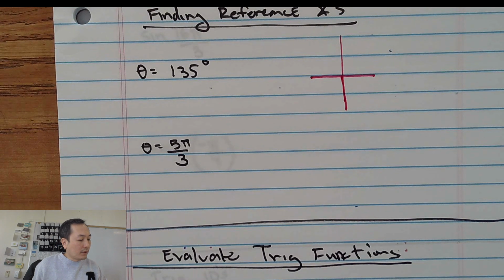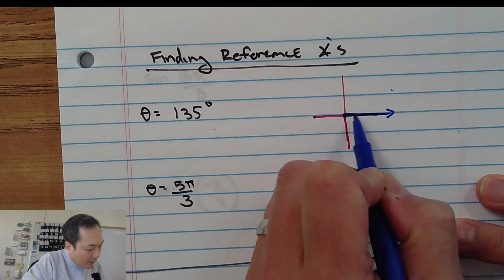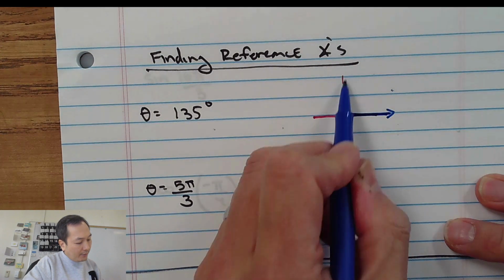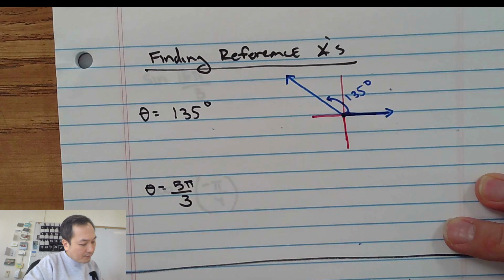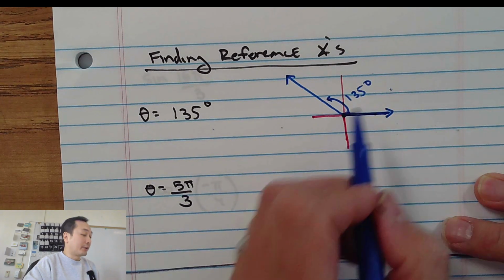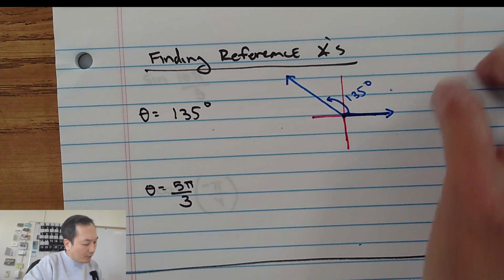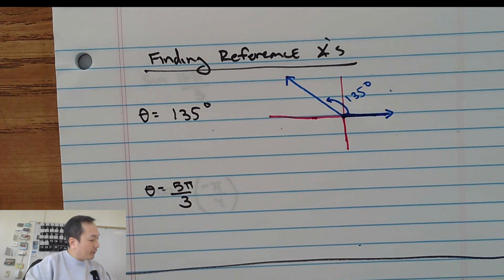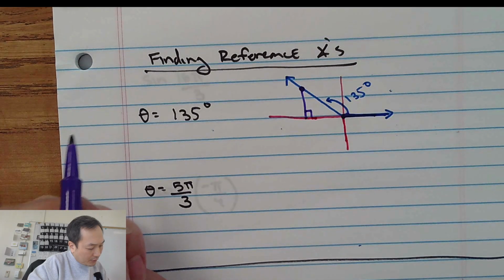And for 135 degrees, always start off with your initial side, which is the positive x-axis. Going up, that's 90, so this is 135 degrees. If that's 135 degrees, my reference angle, or reference triangle, is going to be from the terminal side down to my x-axis.